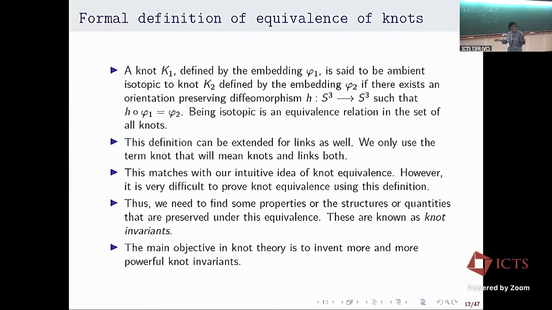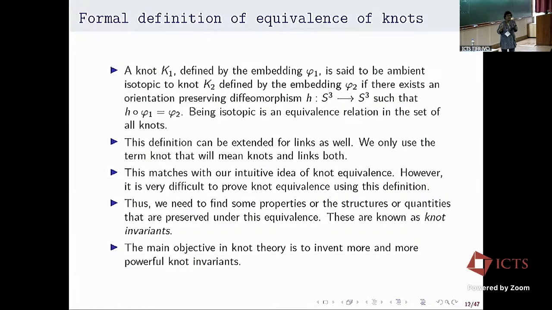In chemistry, if you treat knots like molecules, such a property is called chirality. That is also well known. That's how knot theory is used in chemistry, because they are very interested in learning about chirality. So that's how you define equivalence.